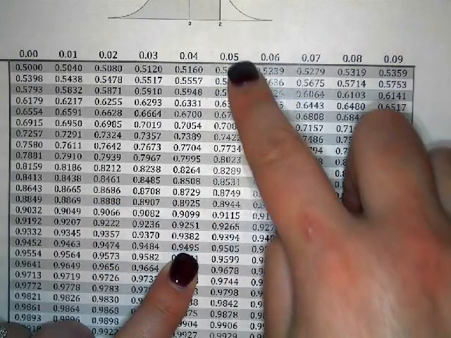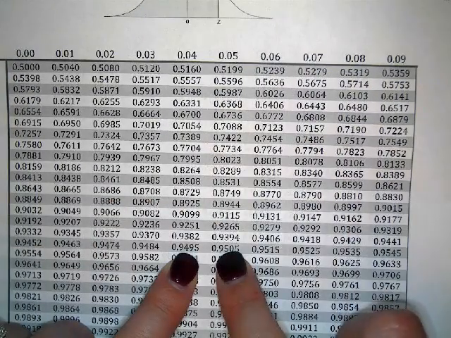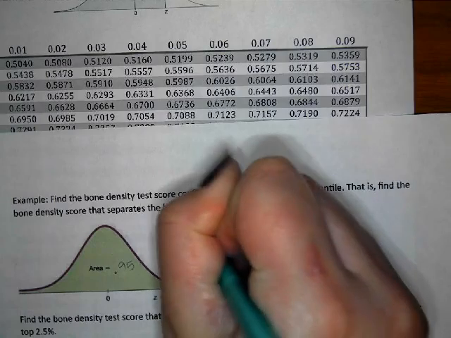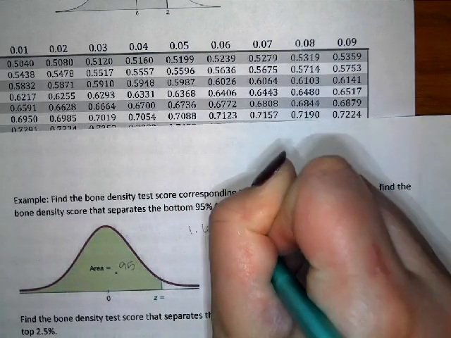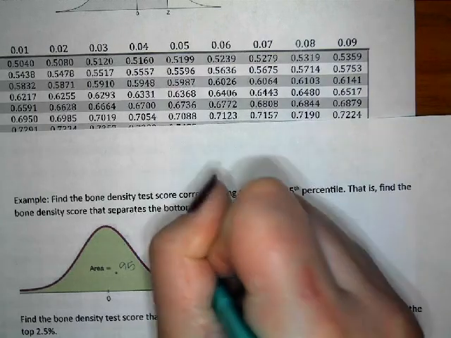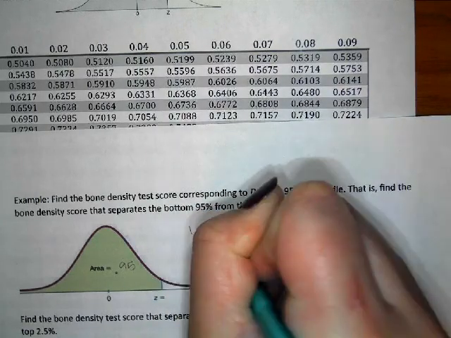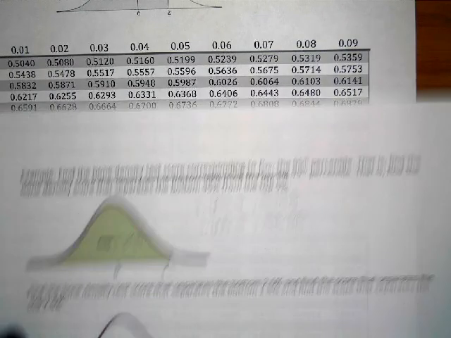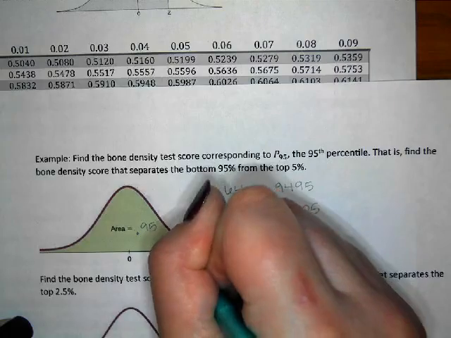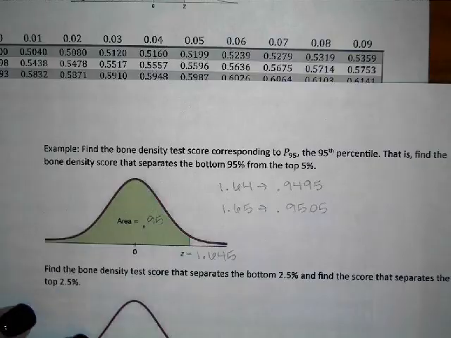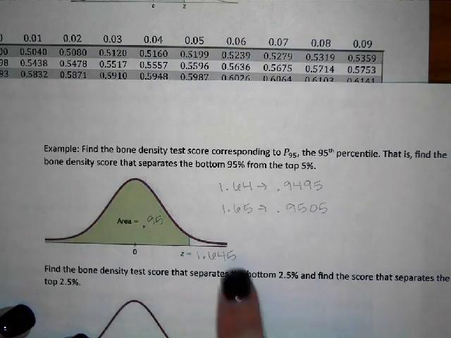So I'm just going to write down what I found. 1.64 gives me 0.9495, and 1.65 gives me 0.9505. And so I would say the z-score is 1.645. So if you had one that was closer, then you would just go with that one. But here, kind of going right in the middle works because they're both equally close.